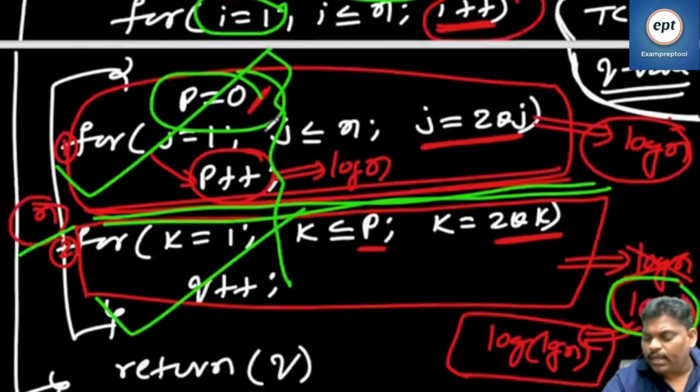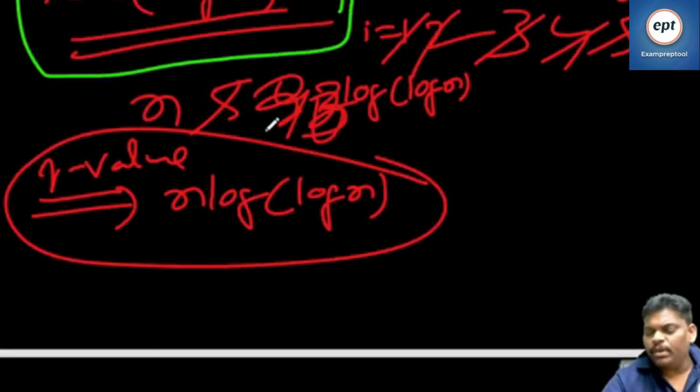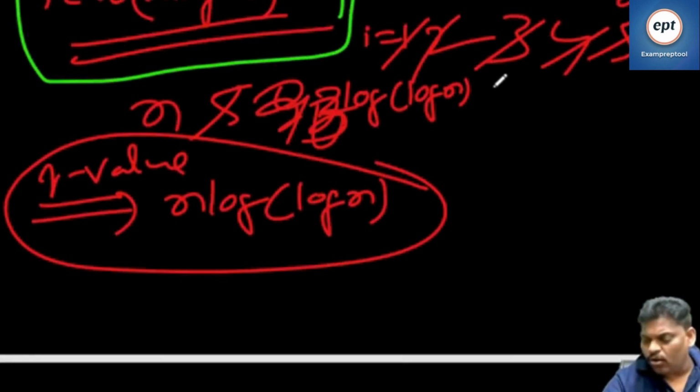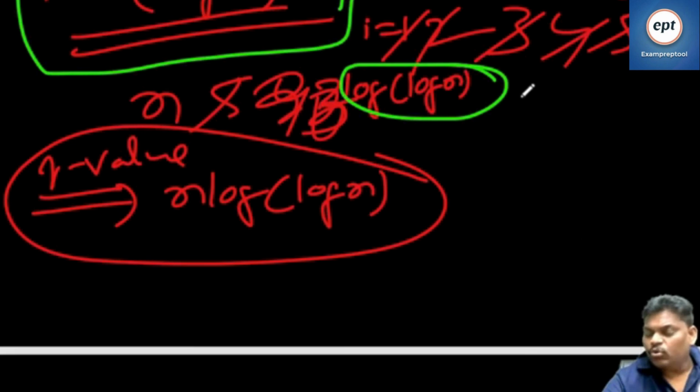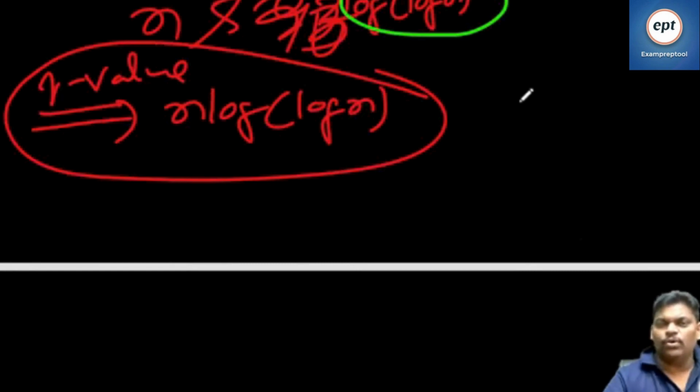So the first time the q value is log n, the second time one more log n, the third time one more log n. If you do 5 times, 5 log n. If you do 10 times, 10 log n. If you do n times, n log n. The q value is n times log n. Are you okay?